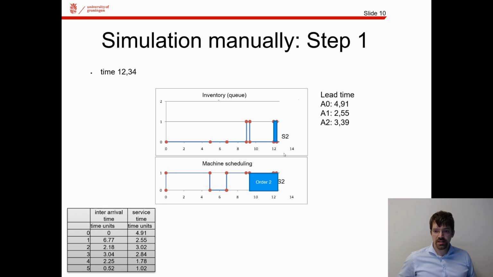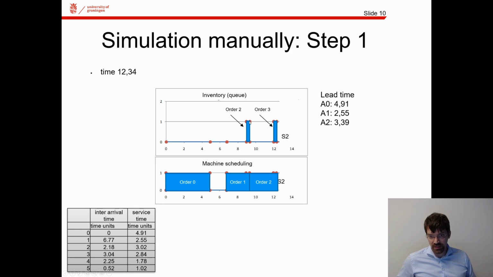So what we can see here is, as I explained already, for order 0 and 1, the lead time is just the processing time. But for order 2, we can see that also a waiting time is included. So we have to sum up the waiting time here plus the processing time equals the lead time of order 2.